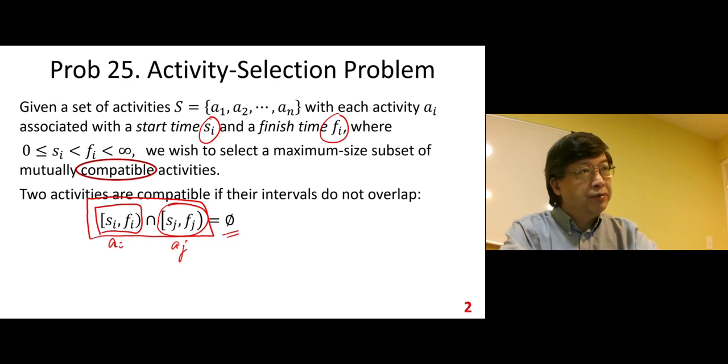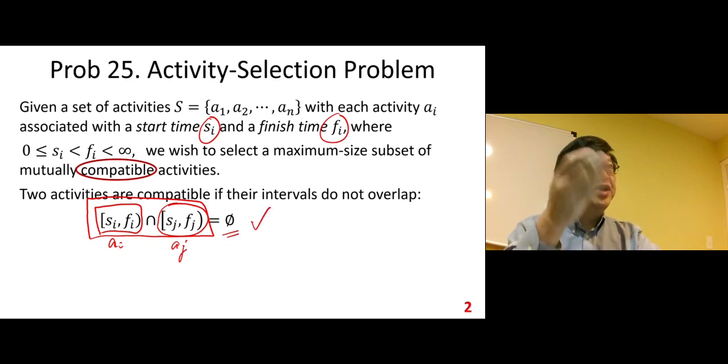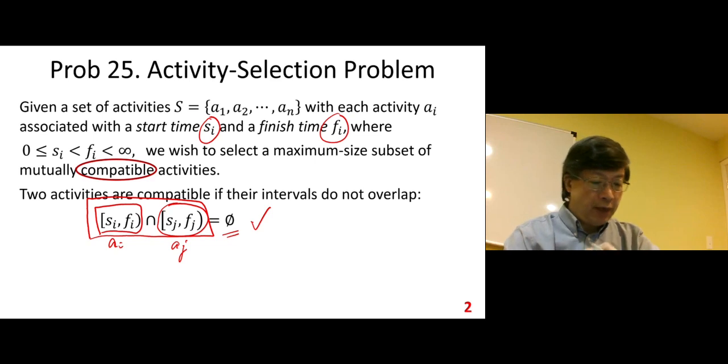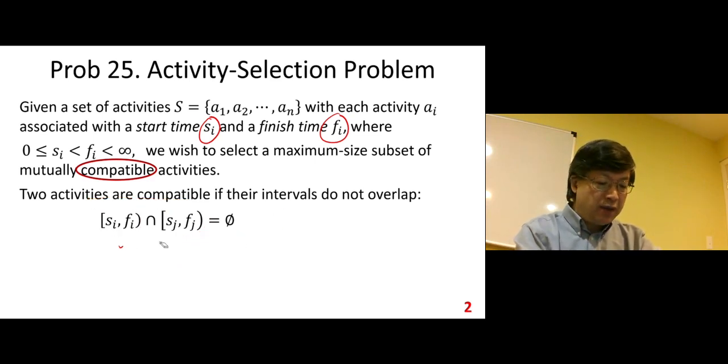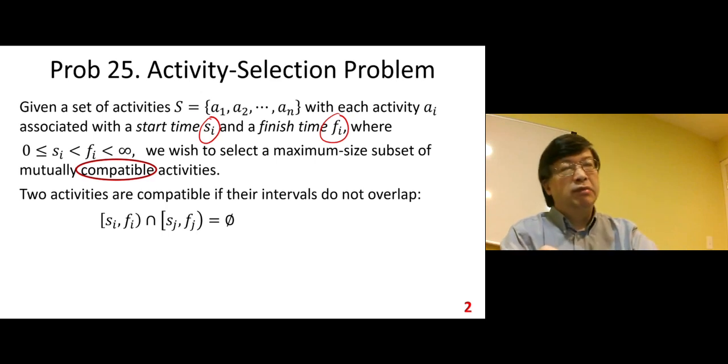If this condition holds, then we say AI and AJ are compatible. So that's simple. The formula looks pretty abstract, but it precisely gives us the meaning of compatibility.